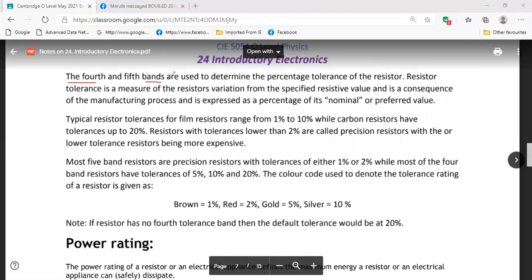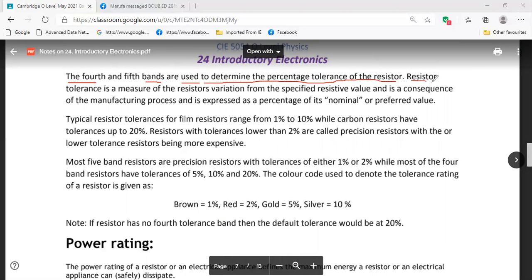Other than using R, the fourth band is used to determine the percentage tolerance of the resistor.